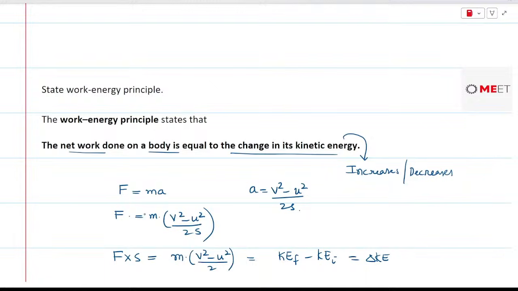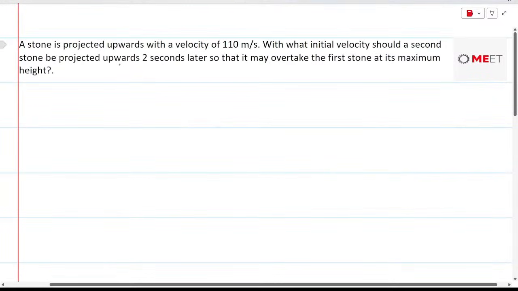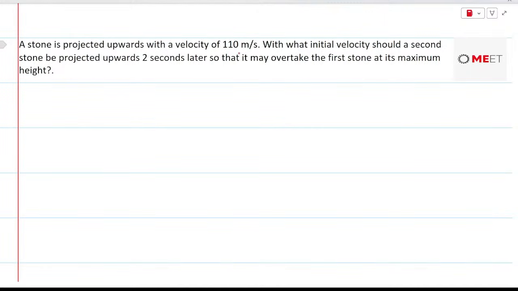In a question, it is mentioned about a stone which is projected upwards with a velocity of 110 meter per second. With what initial velocity should a second stone be projected upwards 2 seconds later so that it may overtake the first stone? First we need to calculate the time taken by the stone to reach the maximum height.